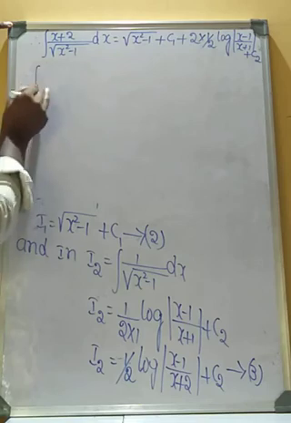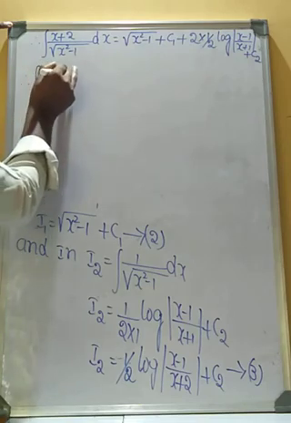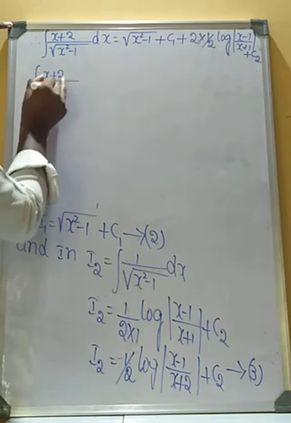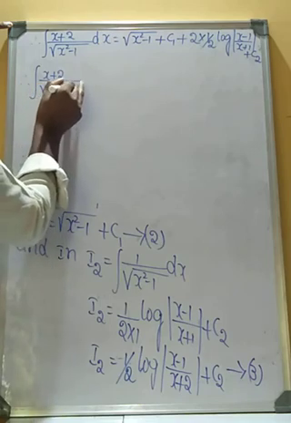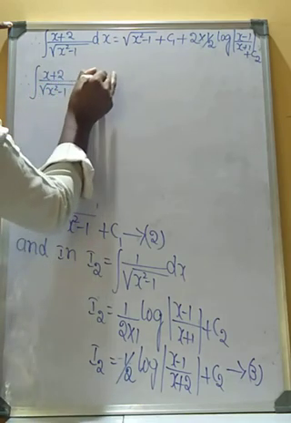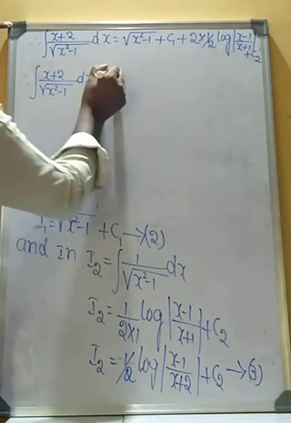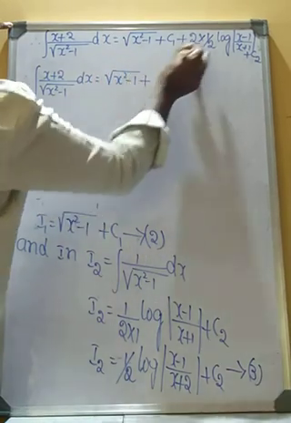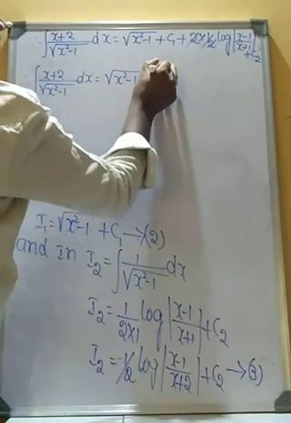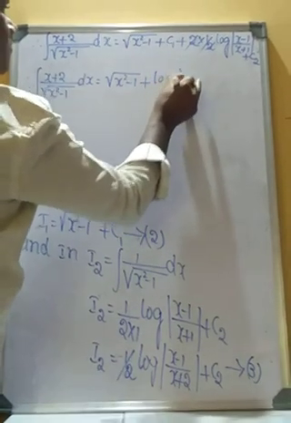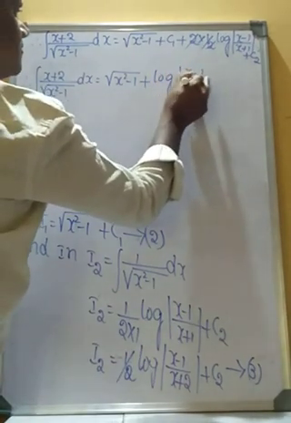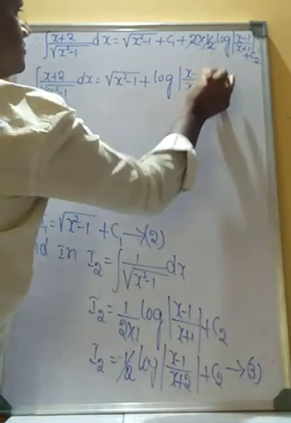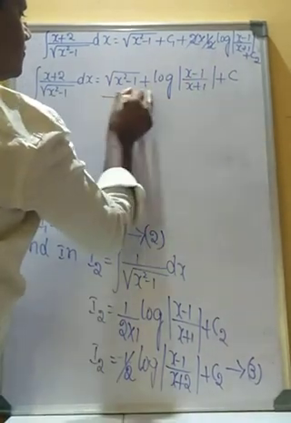Therefore the integral of x plus 2 dividing by root of x square minus 1 into dx is equal to root of x square minus 1 plus, 2 gets cancelled, log of mod x minus 1 by x plus 1 plus c.